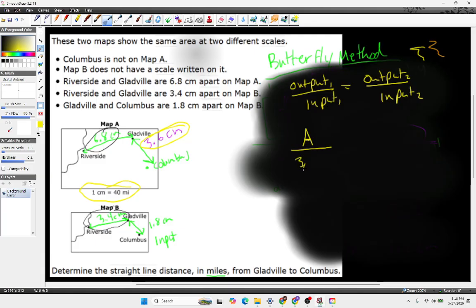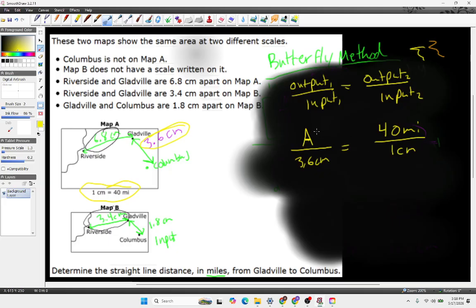And that's 3.6. And then do we have a pair? We do. We have this pair right here. Again, it needs to be miles over centimeters. So for map A again, the output, if the output is 40 miles, that corresponds to an input of 1 centimeter. Okay, let me make sure I set this up correctly.